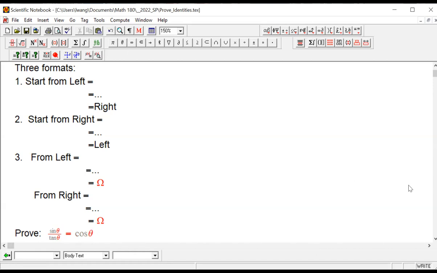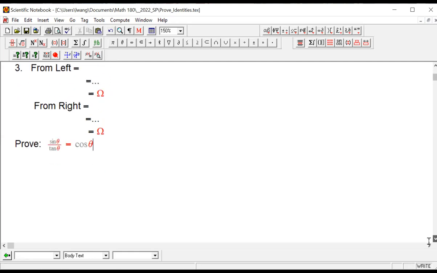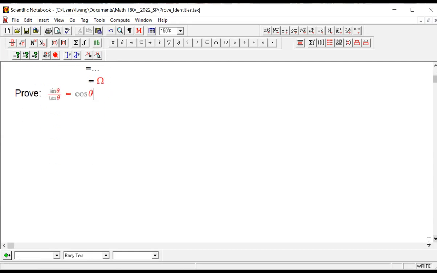When we are given something like this, we're working on this proof, provided we don't know whether it is true or not.